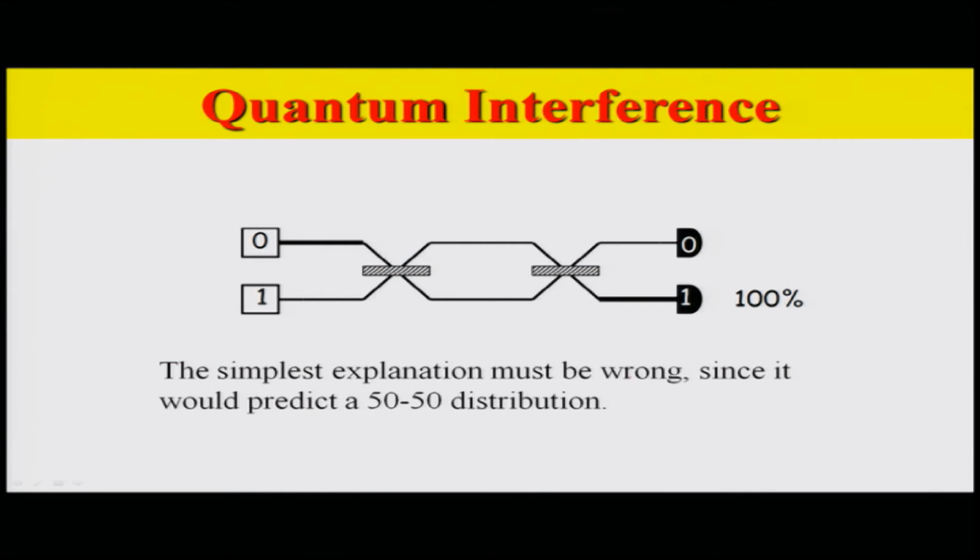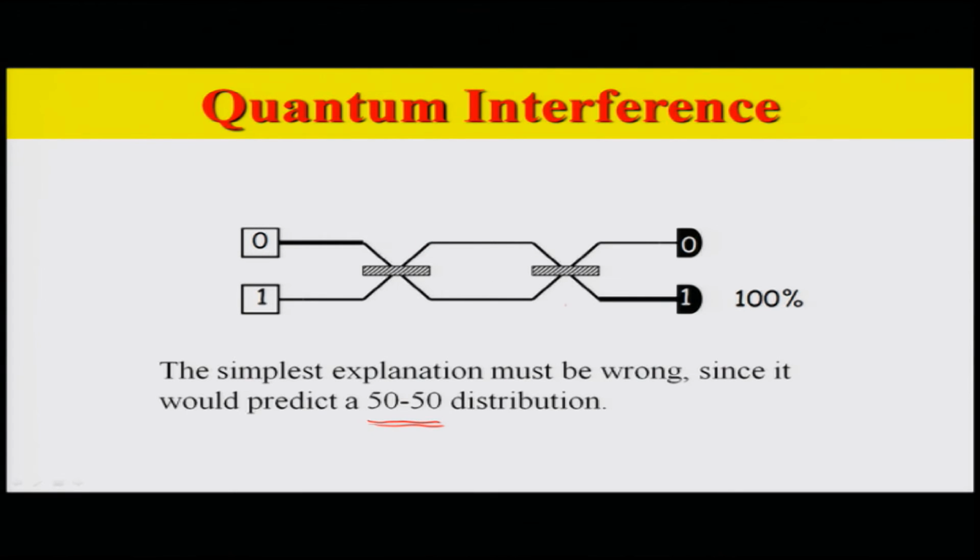So, this quantum interference would then have the simplest explanation, which we initially thought was wrong, because it would predict an always 50-50 distribution. So, the classical 50-50 distribution of a beam splitter works when you are looking at just one beam splitter.